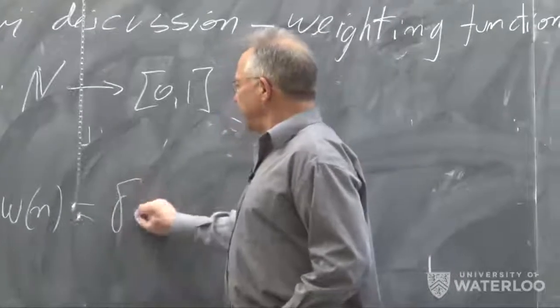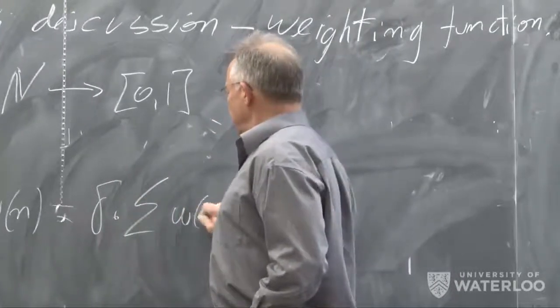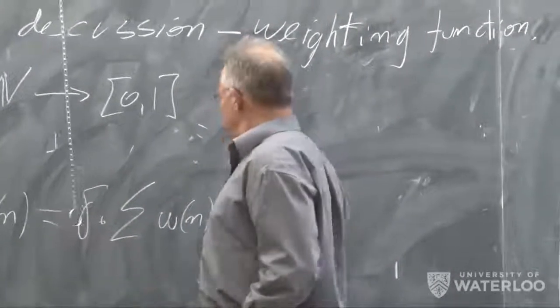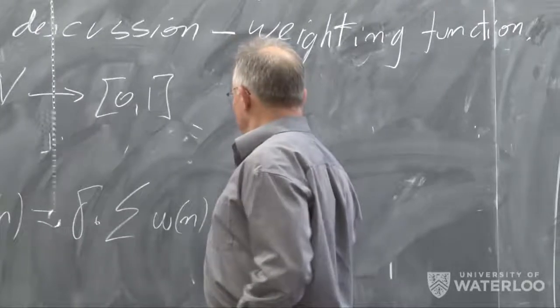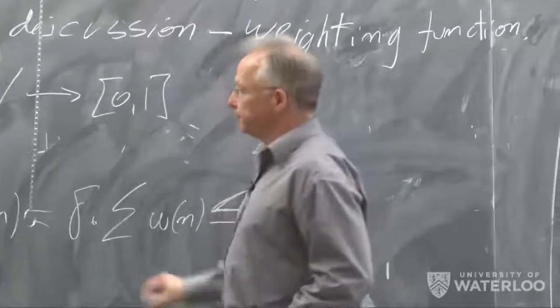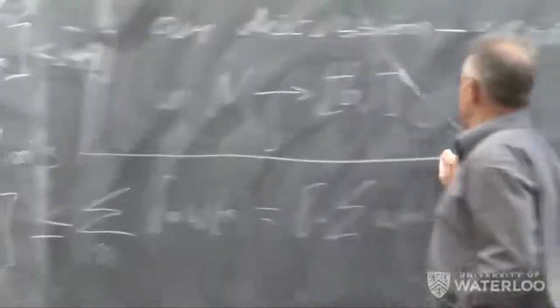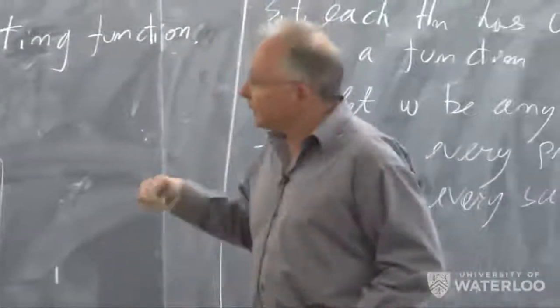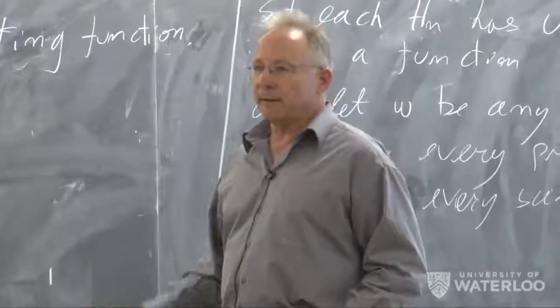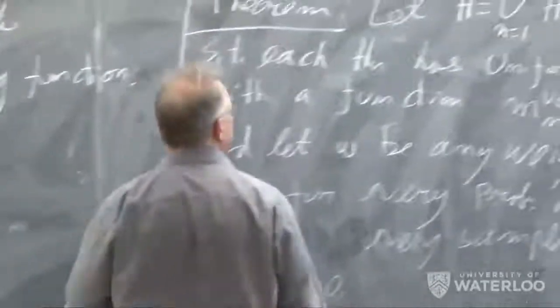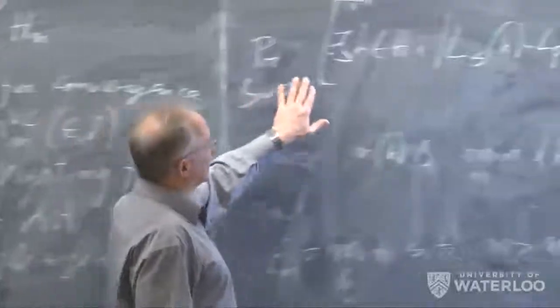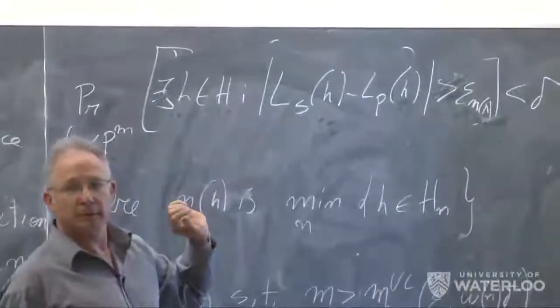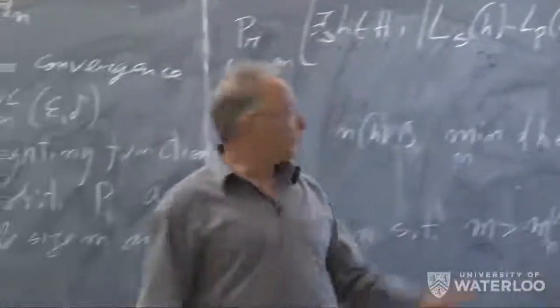Right, it is delta times the sum of Wn, which is just 1, so it is at most delta. So by this tricky choice of epsilon n, we got this convergence over all members of H. Okay, so we proved this.